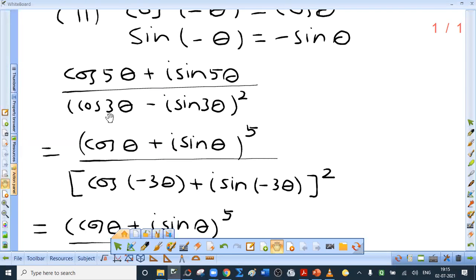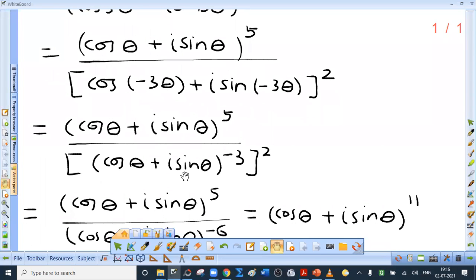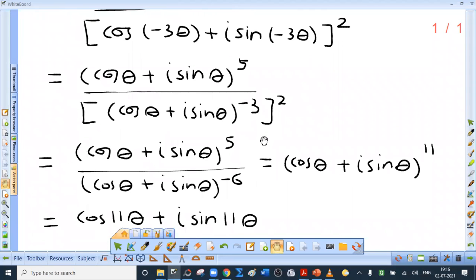What about the denominator? Cos 3 theta can be written as cos of minus 3 theta, and sin 3 theta is sin of minus 3 theta, all raised to 2. Now, this is interesting. n is minus 3. So for this part inside the bracket, I can say cos theta plus i sin theta raised to minus 3, but the original index 2 as it is. (a to the m) to the n is a to the mn.